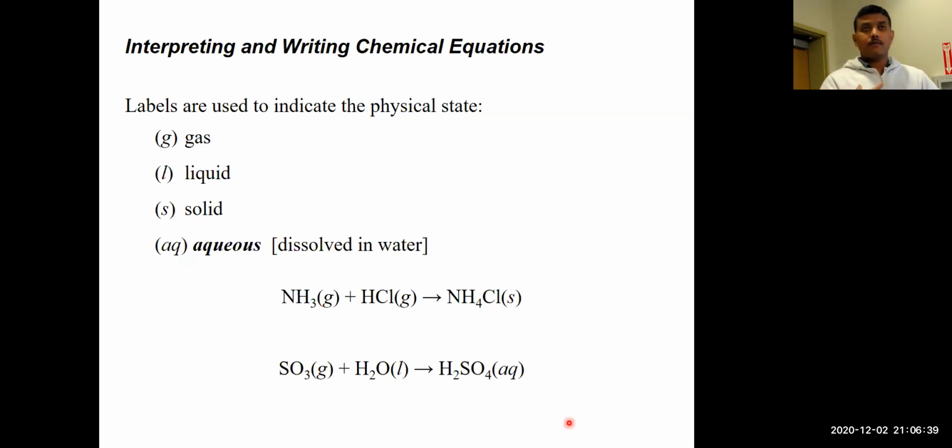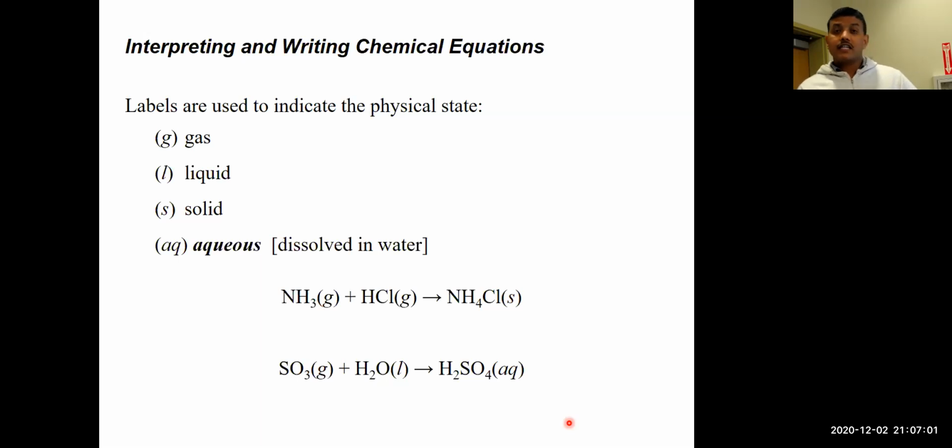We want to give as much information as possible. When you say chemical reaction, you're trying to say that these two reactants are reacting, and it is always useful to tell the physical state of those reactants so that the reader will have an easy time understanding what type of reaction you're talking about.